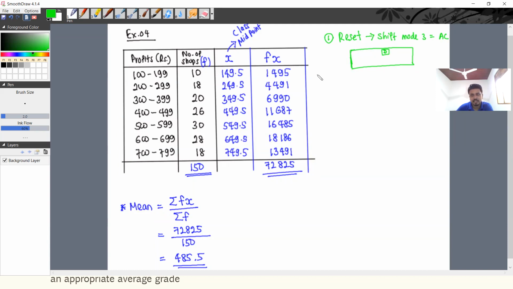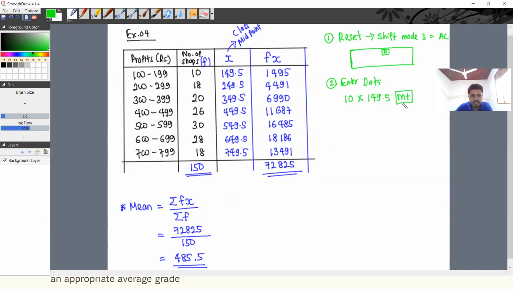Right. Then here what you can do is, for example, I take this 10 into 149.5. As the second step, you need to enter data. The first one, 10 into 149.5. Here we normally press the equal sign, but without pressing equal you can press M plus.